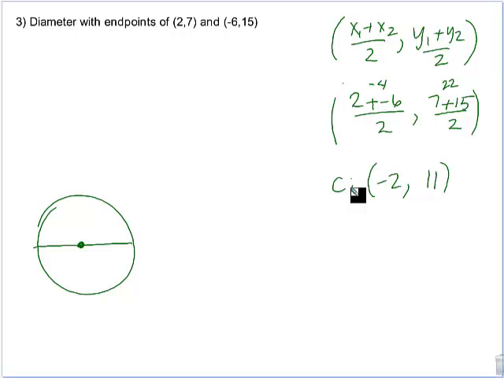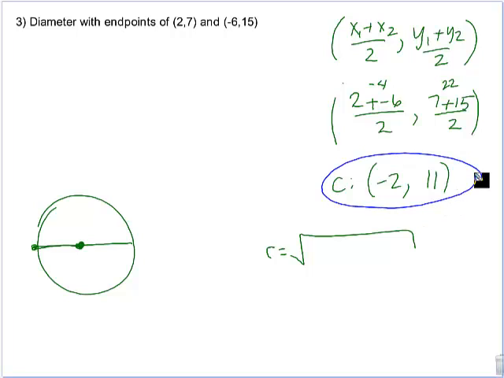Okay. Where's the radius? It's from the center to one of the sides. How are we going to find the length of that radius? The distance formula between the center and one of our endpoints. So the radius will be, let's do the distance formula between negative 2, 11, and 2, 7.